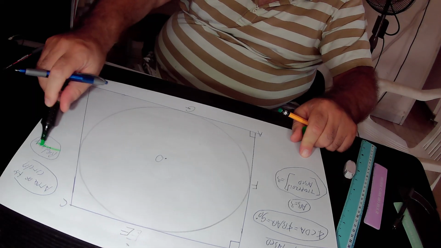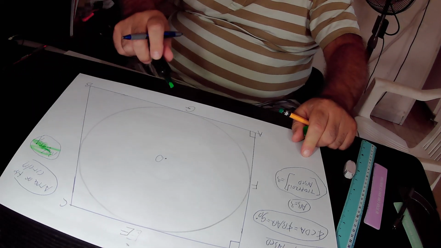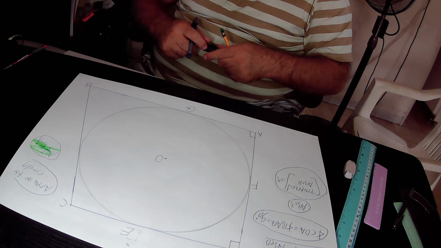In the next step, we join points O and G together by a straight line.